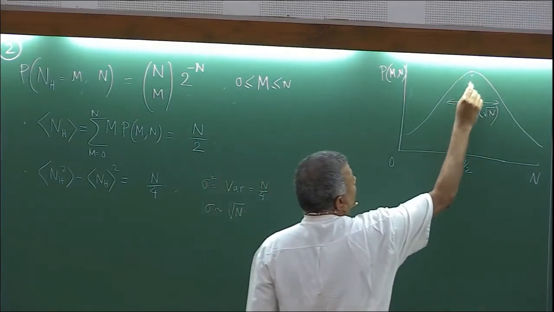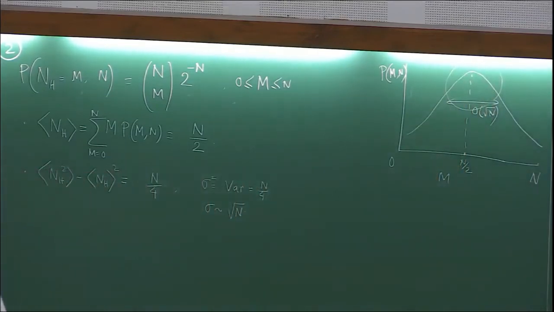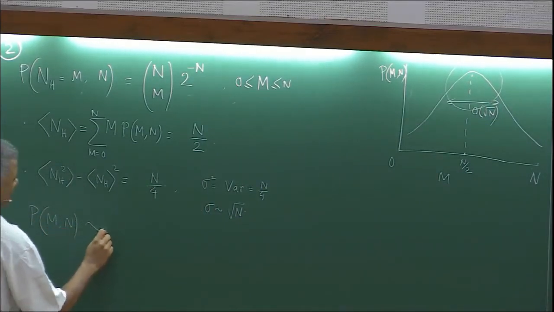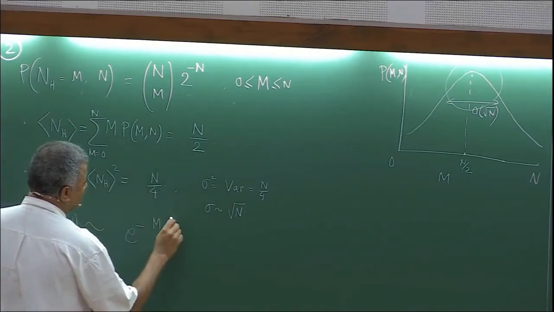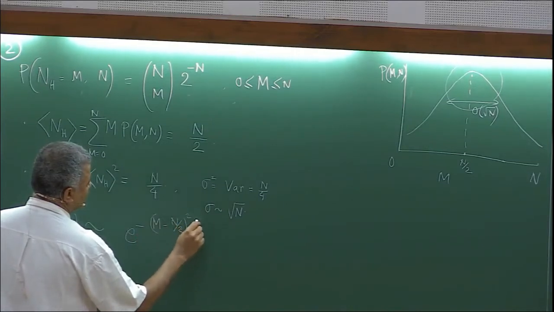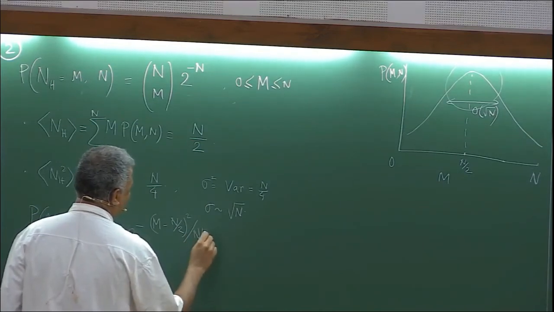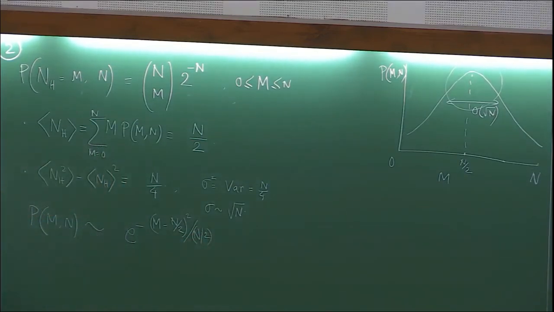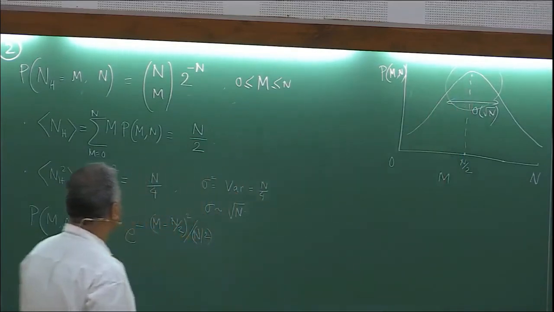If I go near the peak and look at this part of my PDF, then by the central limit theorem, we know that you can approximate this regime by a Gaussian distribution. I don't write the prefactor. This is the mean, this is the variance, and if I zoom in here, I should see a Gaussian distribution.